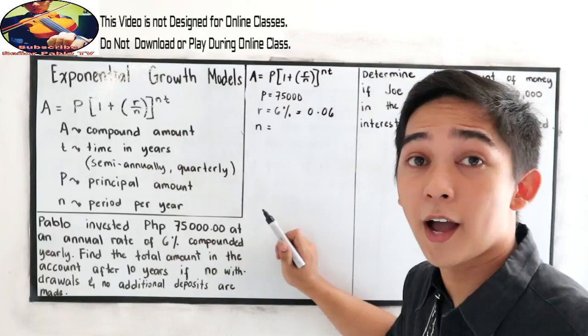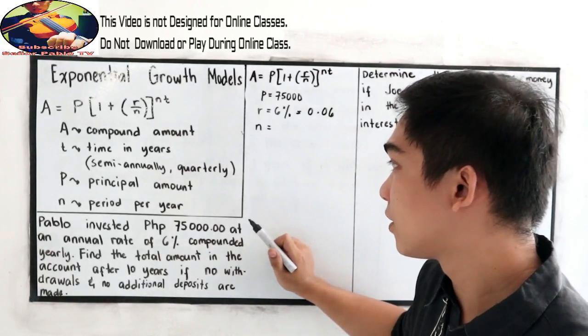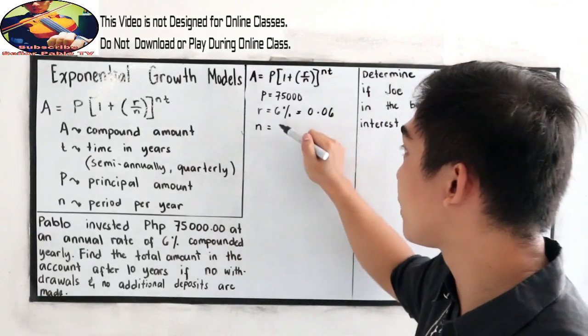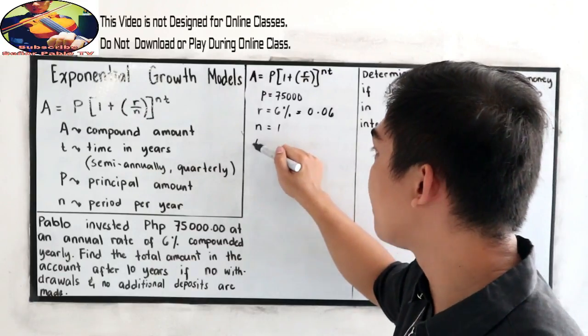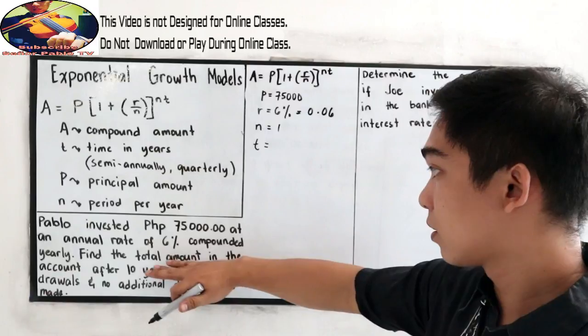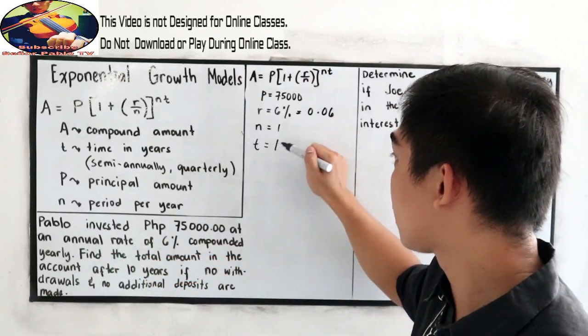So we have 1 period per year, so that will become 1. And our time is after 10 years. So time is 10.